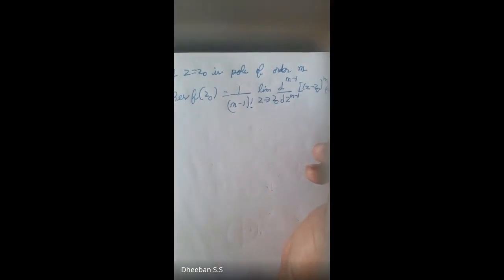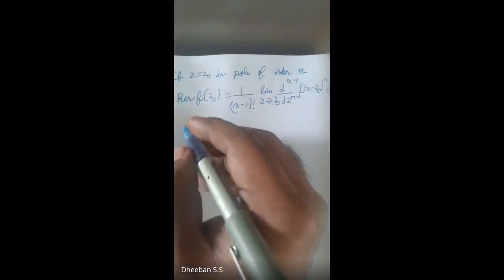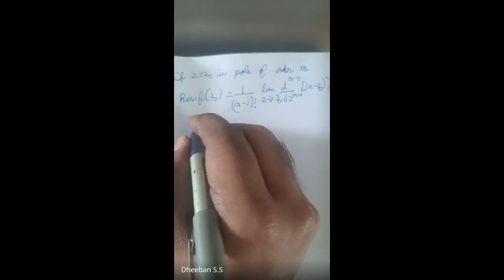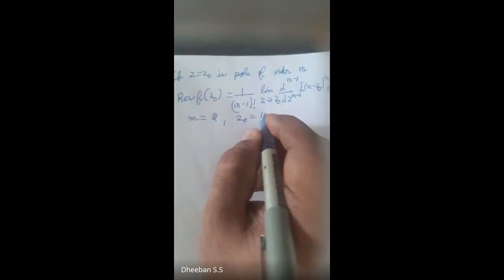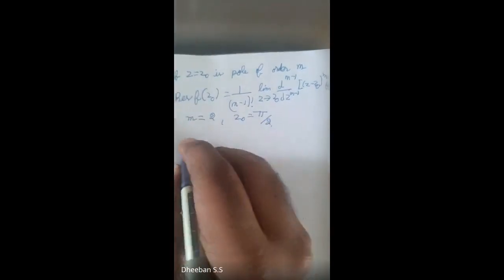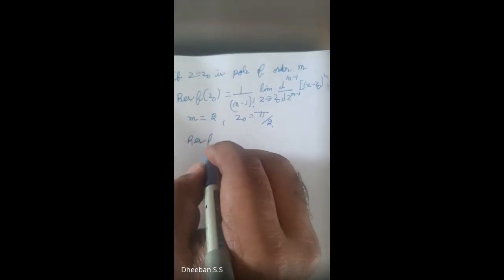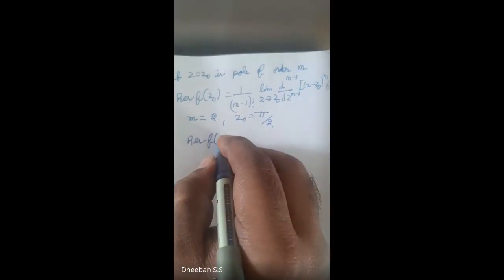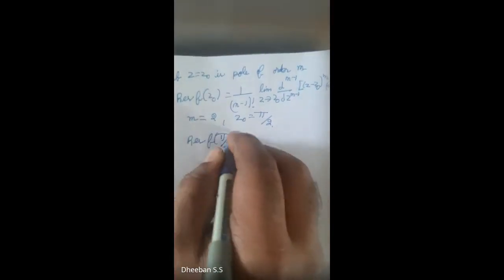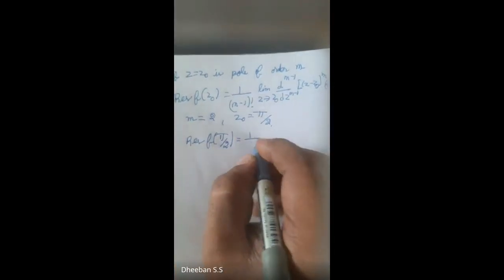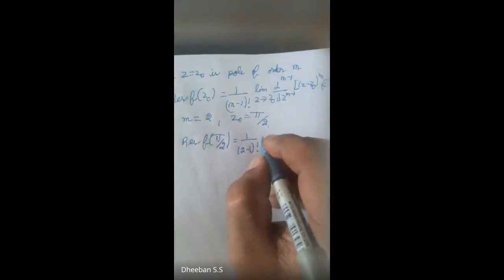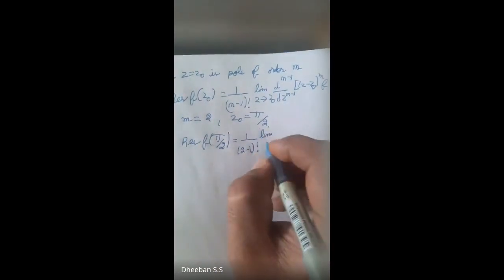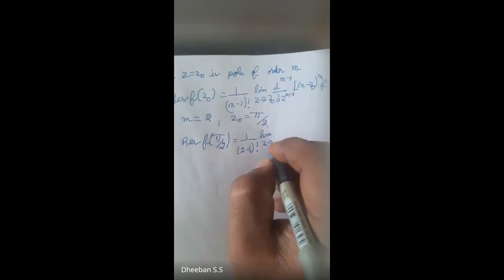So now the next step is to apply your m value and z naught value. Your m value is 2 and your z naught value is pi by 2. So residue of f at pi by 2 will be equal to 1 by (2 minus 1) factorial, which is nothing but 1 factorial, limit z tends to pi by 2.